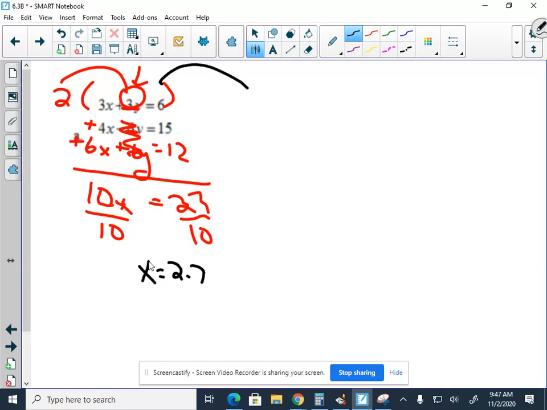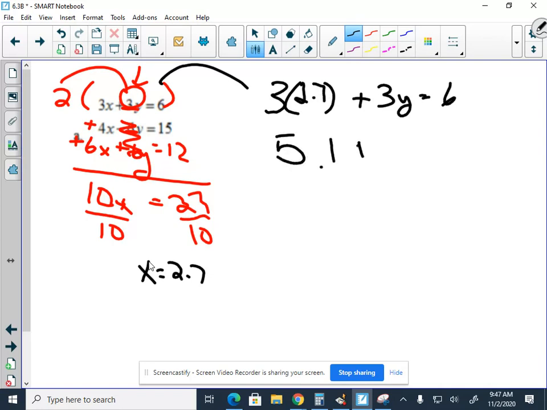Now I'm going to take the first equation, 3 times x plus 3y equals 6. I'm going to put in 2.7. Sorry, I'm going to switch back to my left hand. 3 times 2.7 is 8.1.